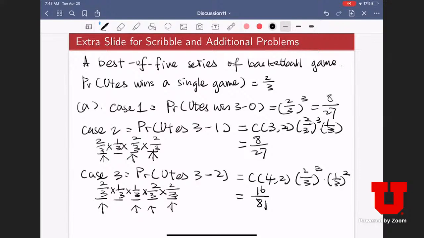All right, so it asks for the average number of games. So basically, you need to think about the expected value. In terms of the average number of games, there should be different cases where X represents the number of games played to decide the series.